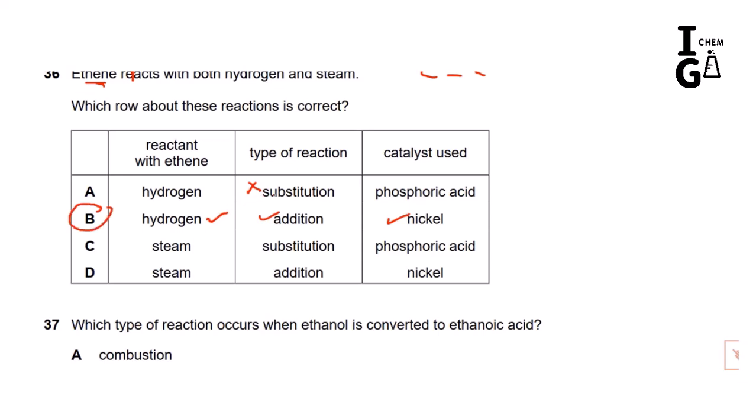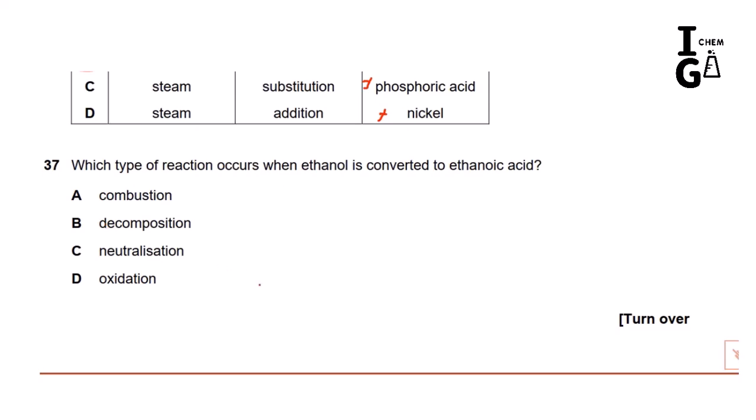This is the correct answer actually. But the first one is not correct because of the substitution and phosphoric acid. Here for steam, this is substitution, and this is addition, and this is not correct regarding this stuff. So the correct answer is B. Question 37: the type of reaction that occurs when ethanol is converted to ethanoic acid.